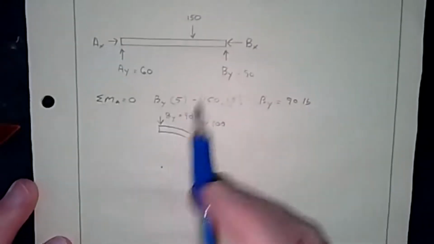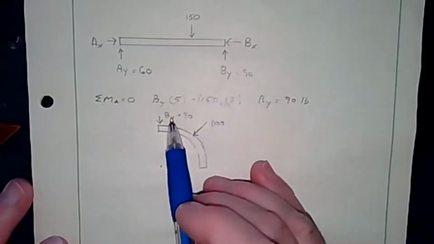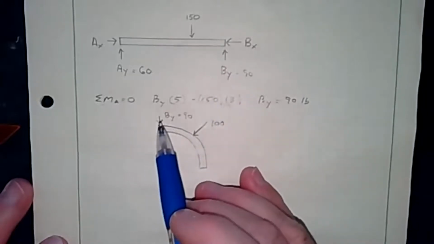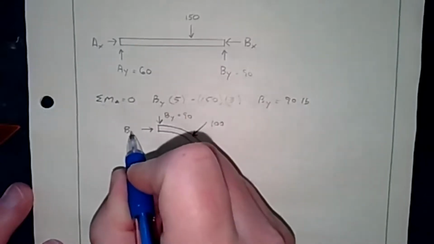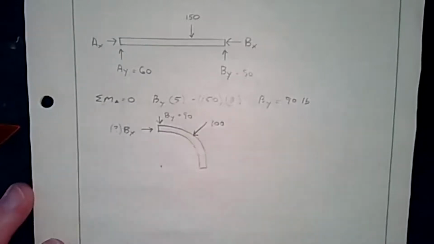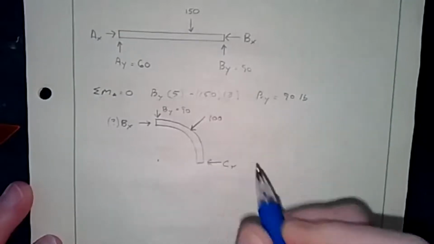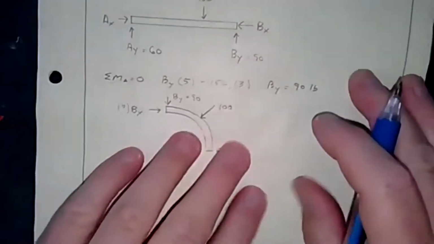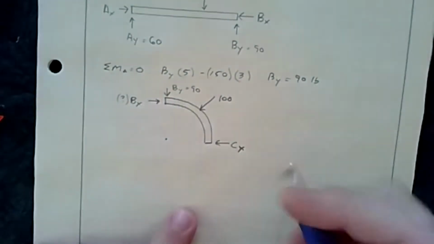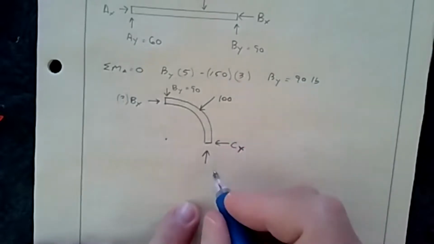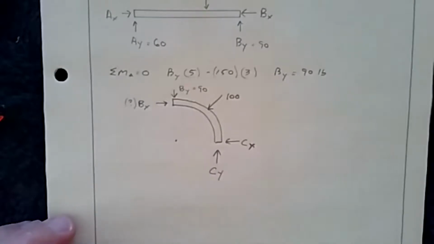But notice how BY is 90 because we knew BY was going up, had to be 90 there, so therefore it has to be opposite going down there. So we know that for a fact. We're going to assume BX is going this way, but we still don't know. So question mark there. And then we'll draw CX going that way to the left. That's better. And CY going up. I'm going to adjust the shape.